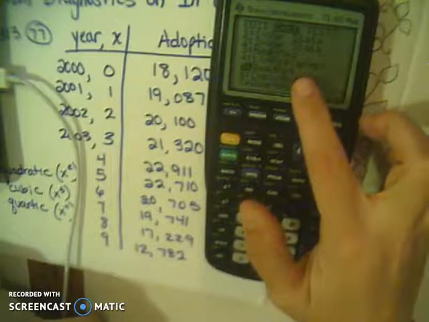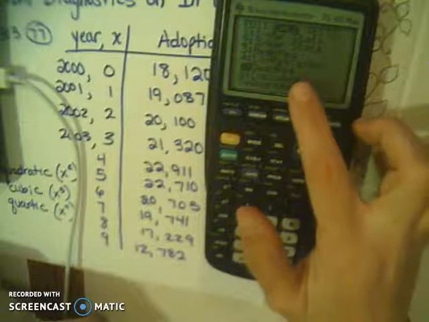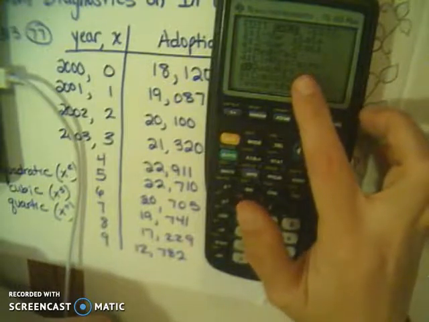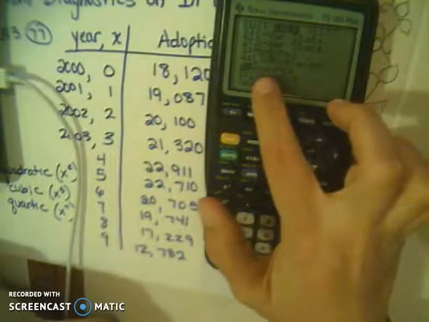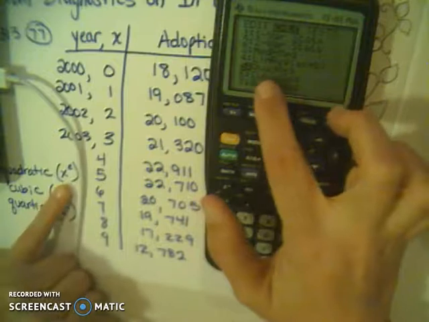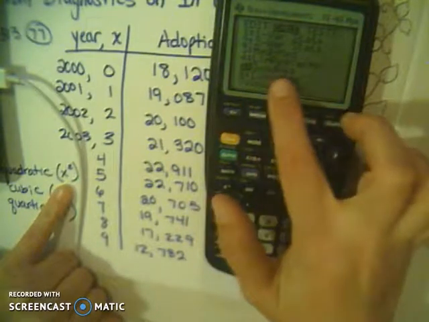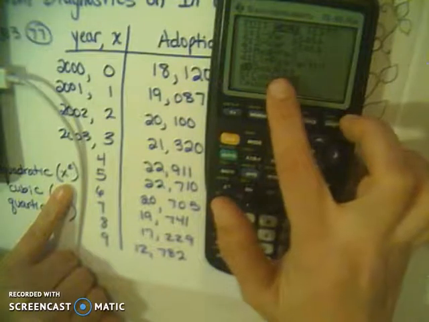That's quadratic regression. When we use a specific method, we're doing regression to do these models. We specifically want a quadratic equation that matches up with this data. So if we choose option 5, the calculator will choose the best quadratic function that fits our data.